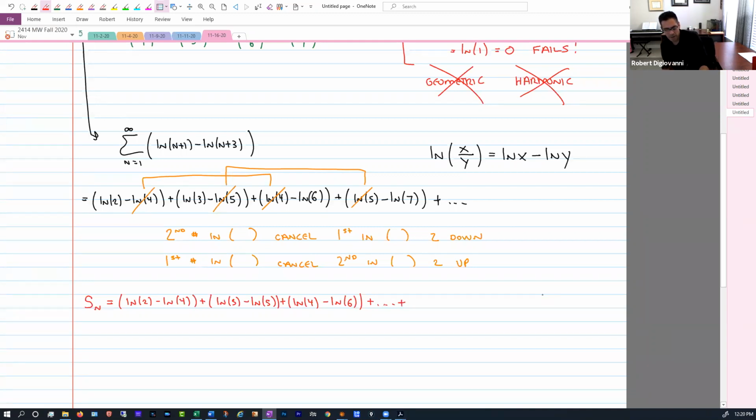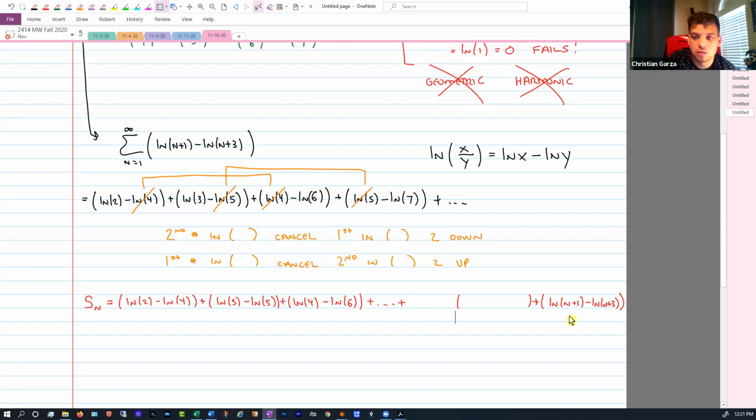Now the one at the very end, Christian said, would be natural log of n plus 1 minus natural log of n plus 3. That's the very last one we would have. The one before that, I'm going to run out of room. What would the one before that be? Christian, you want to tell me? The natural log of n plus 2.